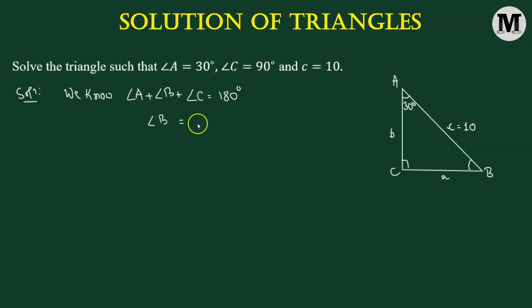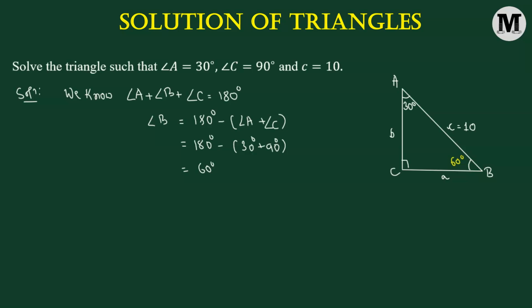B is going to be 180 degrees minus angle A added to angle C. So that's 180 degrees minus 30 degrees plus 90 degrees. That's 120 degrees, so subtracted from 180 degrees leaves us with 60 degrees. So the angle measure of B is going to be equal to 60 degrees.